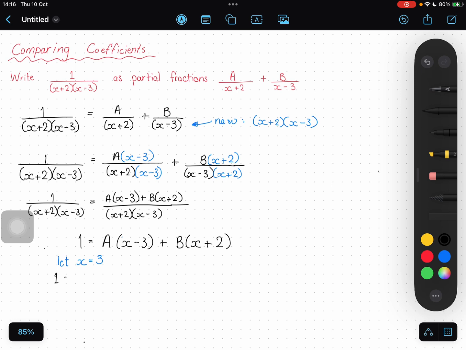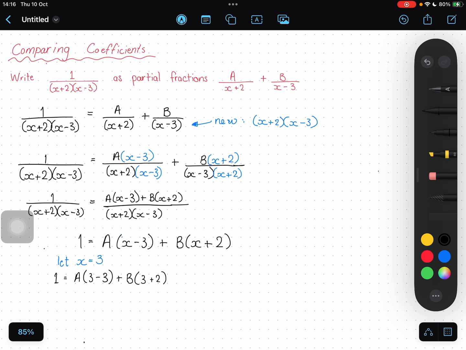So we're going to do this out and see how it works out when x is equal to 3. So we're going to get 1 is equal to a times 3 minus 3 plus b times, sorry, not x, because we've just said what x is, so by 3 plus 2.